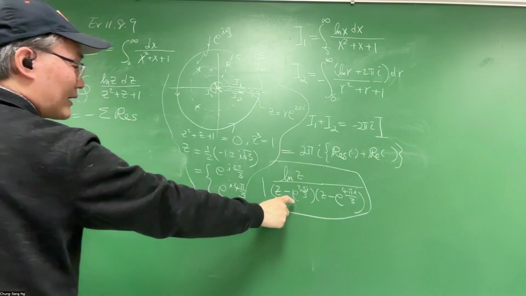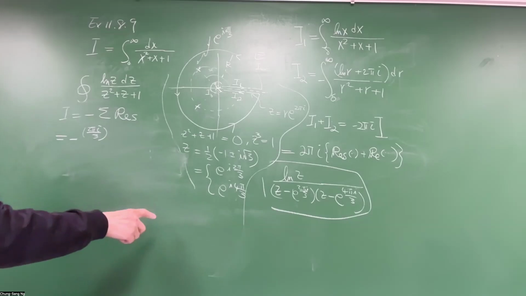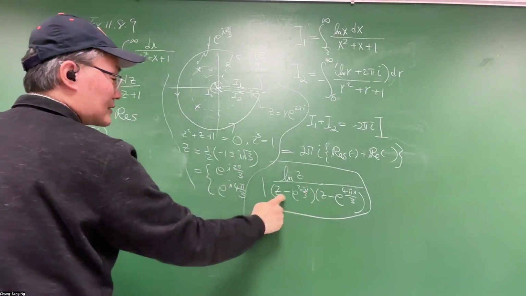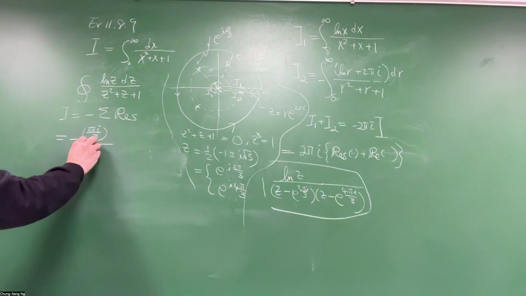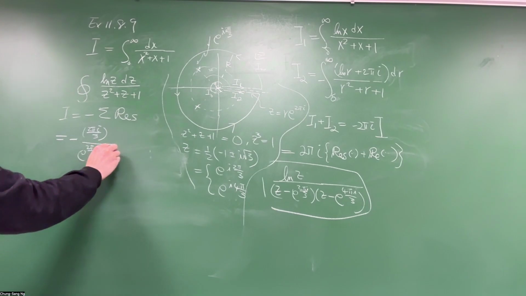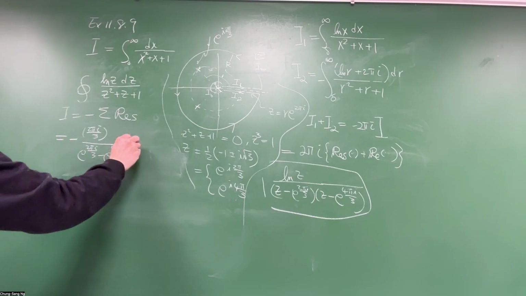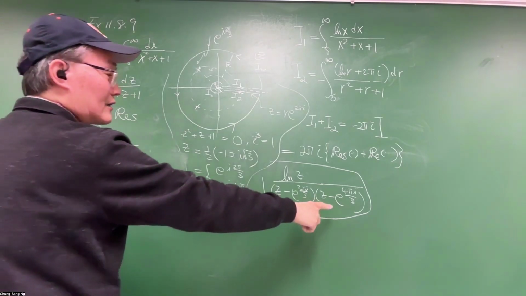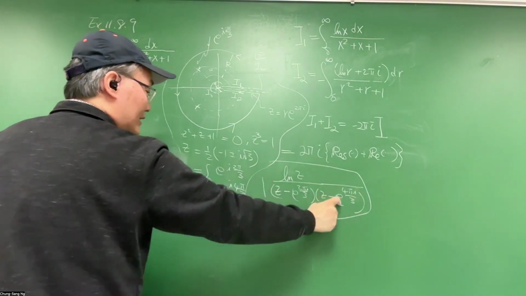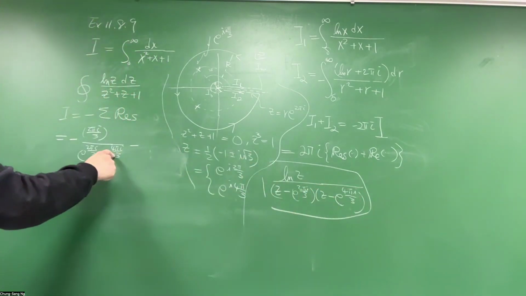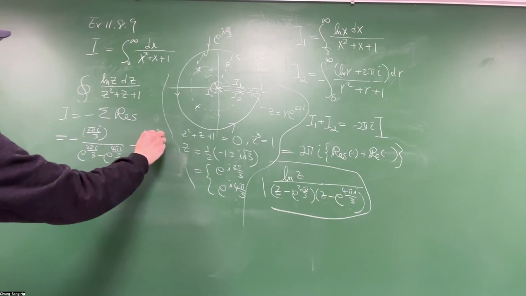Log of this is just 2 pi i over 3. And then multiply this factor, cancel this factor, and evaluate z at e to the 2 pi i over 3 minus e to the 4 pi i over 3. That's the first term, and the second term is the same, from the second pole. So you multiply this factor and evaluate everything at e to the 4 pi i over 3. So the log becomes 4 pi i over 3.